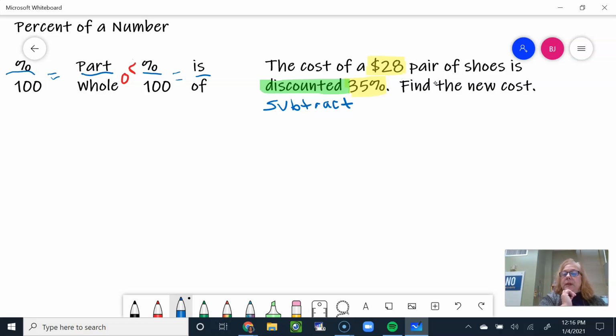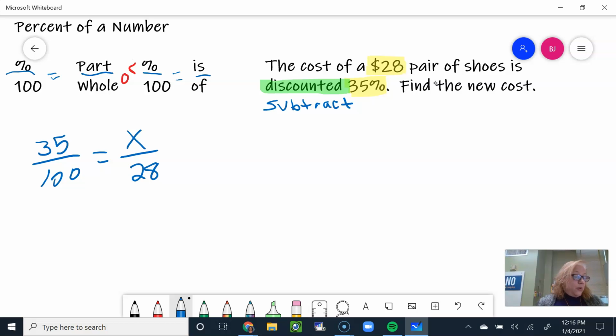Okay? So I'm going to do it one way, and then I'm going to show you how to do it another way. So first of all, our percent is 35% over 100 equals x over 28.